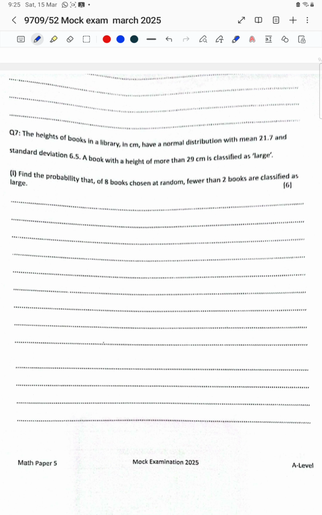The height of a book in a library is in centimeters and has a normal distribution. X belongs to a normal distribution with the mean 21.7 and the standard deviation, or variance, as given. A book of height more than 29, meaning probability of X greater than 29, is considered as large.